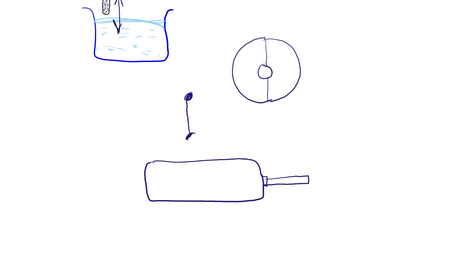If this rotates, this round object, this cylinder, can rotate with the forces balanced. It will just be rotatory motion. There will be no vibration.